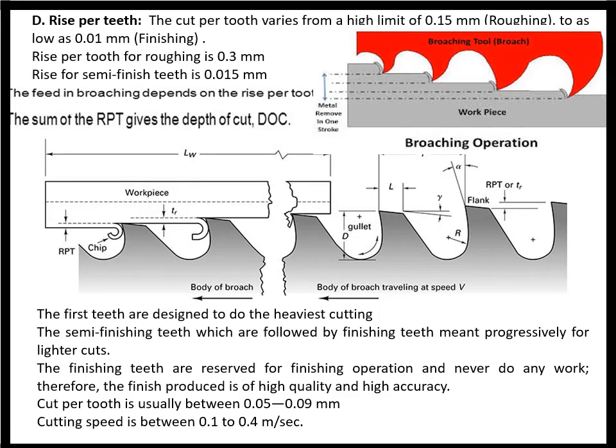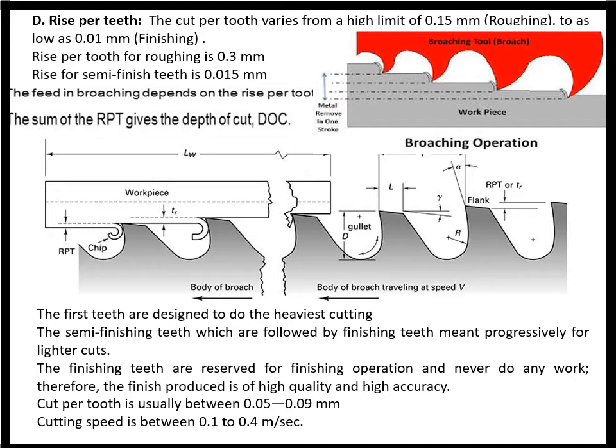Now first we have to understand what is rise per tooth. It is also called cut per tooth or depth of cut per tooth, or sometimes it is referred to as chip thickness, and it depends upon the shape of the hole, size of the hole, the type of material being machined, and also the force available at the machine.